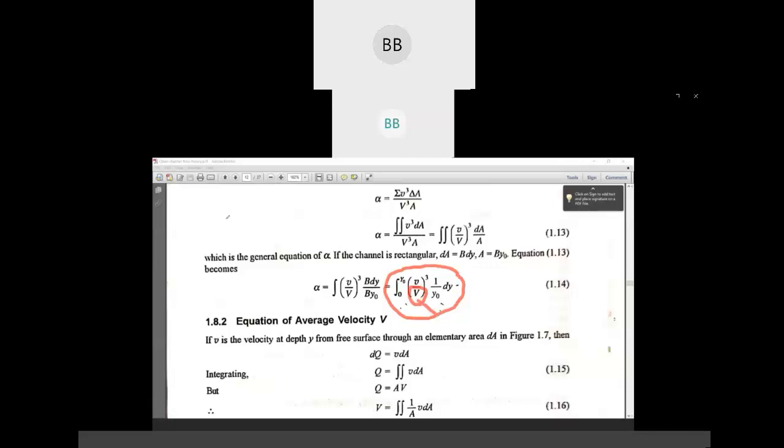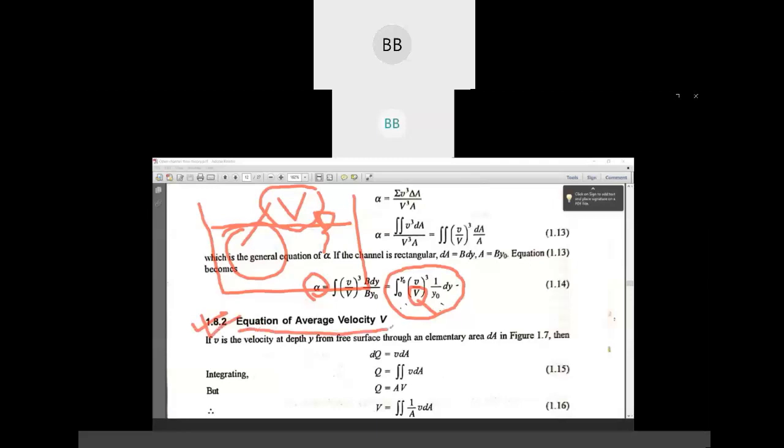To find alpha for a rectangular channel, we need the average velocity v for the rectangular section. Then only we can solve this alpha. How we are going to find this velocity is our next derivation.